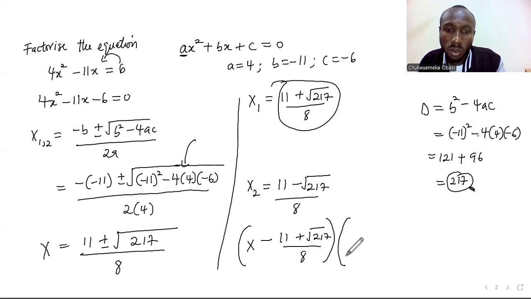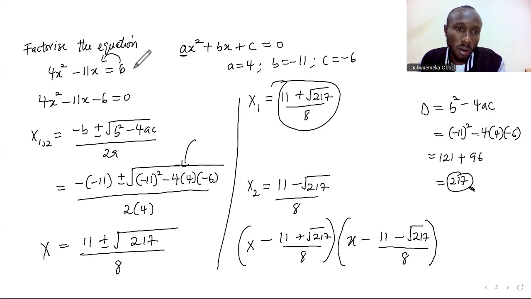Then you have the other one like this, so you're going to have x, negative 11, negative root 217 all over 8, like this. So this is the factored form of this quadratic equation. All right, so that is how to go about the factored form. Then you can say equal to 0. So we have just factored this equation. I hope this one is clear.